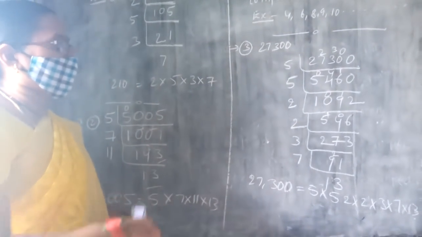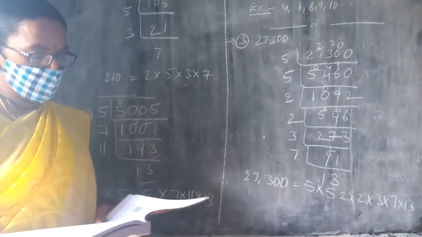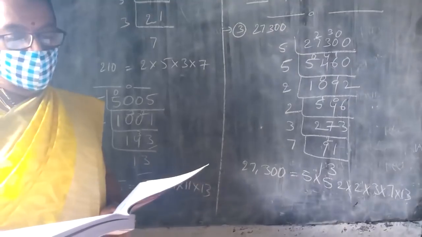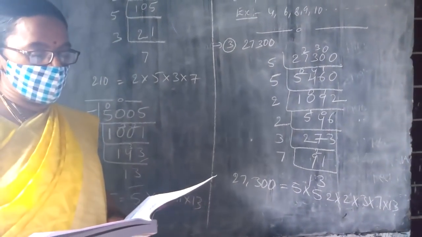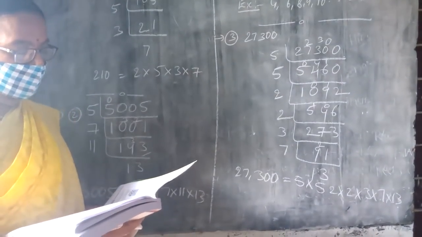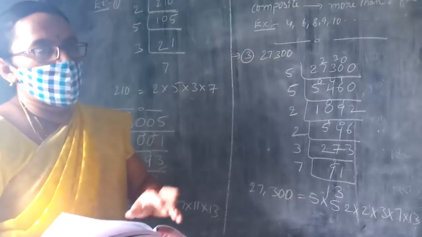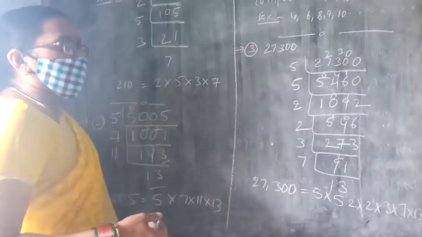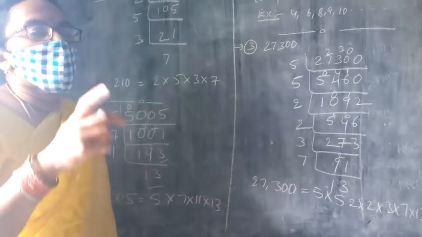In this fundamental theorem, as all of you see in your textbooks, every composite number can be expressed as a product of primes. This factorization is unique, meaning the way of factorizing this number is only one.